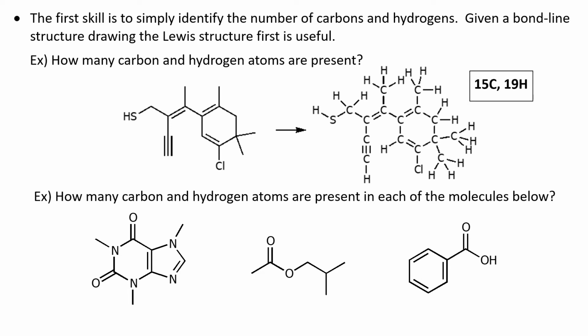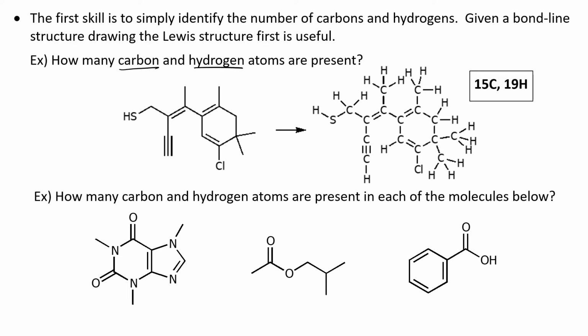The first skill dealing with bond-line structures is just being able to count the number of carbons and hydrogens. So given a bond-line structure, you need to be able to count first the carbons, and then let's take a look at the hydrogens.